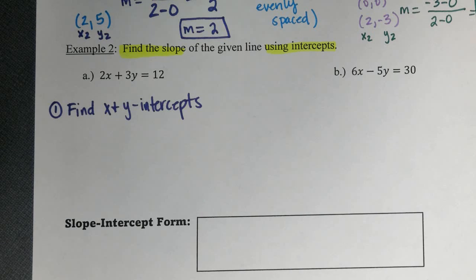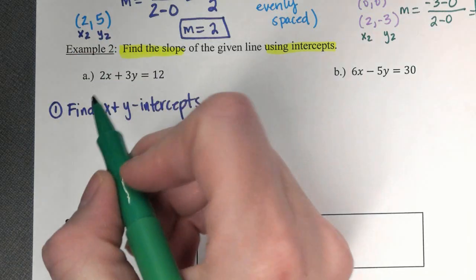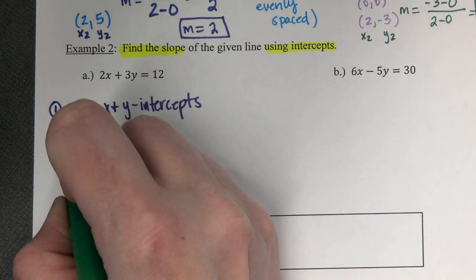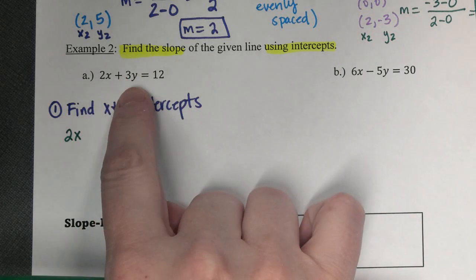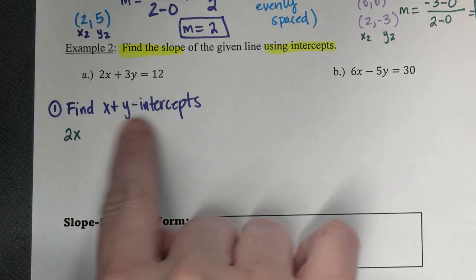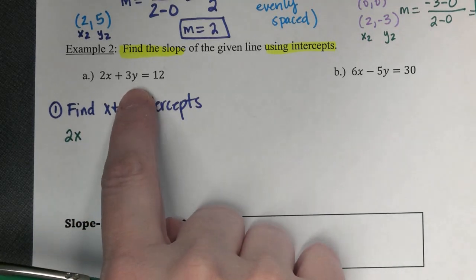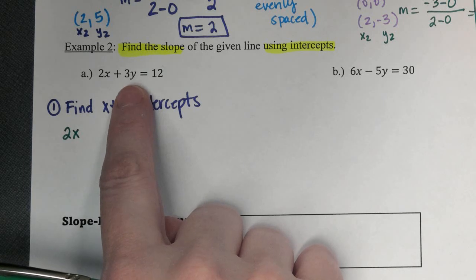All right, and then Gabe, can you tell me what the equation is going to be for finding the x-intercept? 2 times x plus 3 times y. But what do we plug in for y? So when you're trying to find the x-intercept, you're plugging in 0. So if you plug in 0, what happens to 3 times 0?